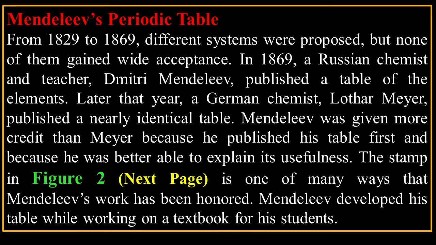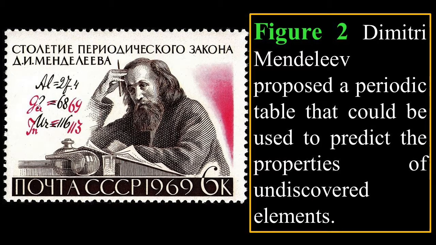The stamp in Figure 2 on the next page is one of many ways that Mendeleev's work has been honored. Mendeleev developed his table while working on a textbook for his students. Here's the stamp. Dmitry Mendeleev proposed a periodic table that could be used to predict the properties of undiscovered elements. So Mendeleev could be considered the father of the periodic table.